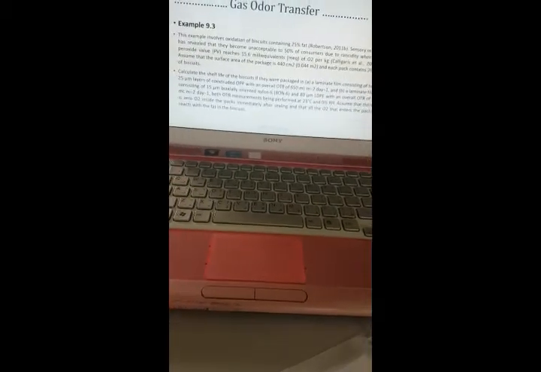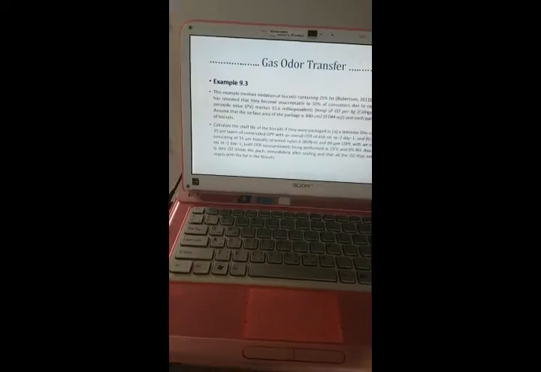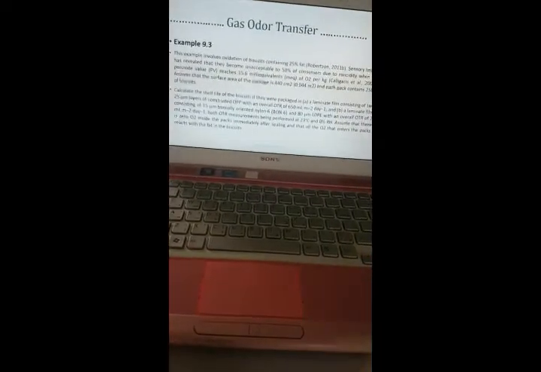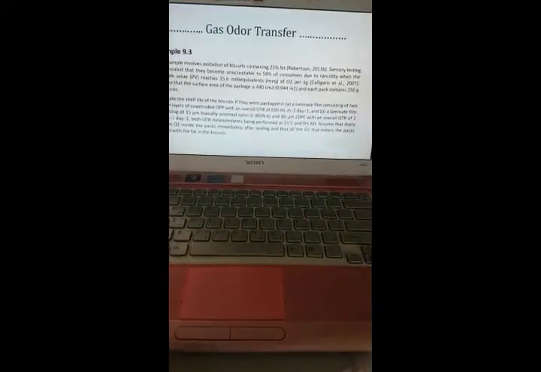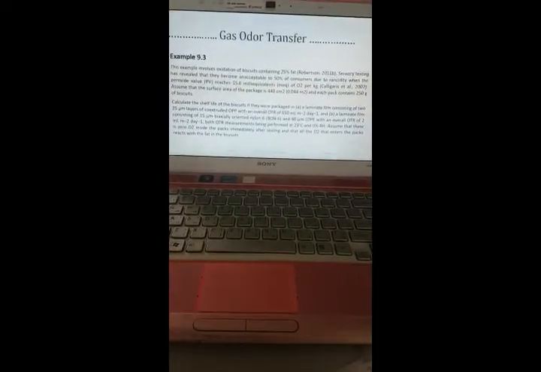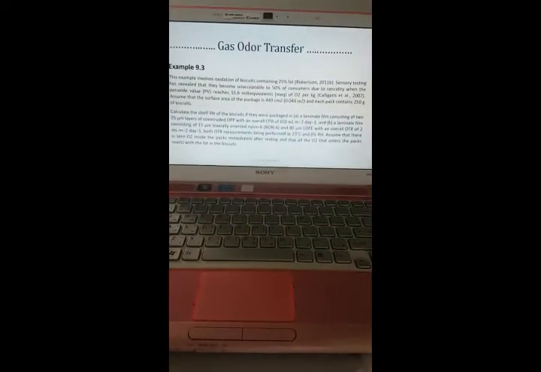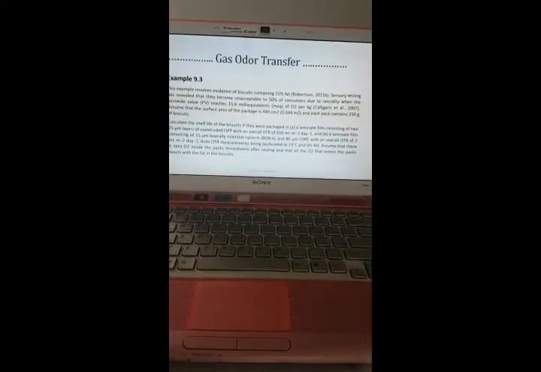Sensory testing has revealed that they become unacceptable to 50% of consumers due to rancidity when the peroxide value reaches 15.6 milliequivalents of oxygen per kilogram.